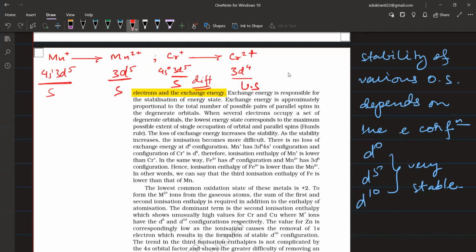Yes, sir. ठीक है, इट इज गोइंग टू बी डिफिकल्ट एंड दिस इज गोइंग टू बी इजी. तो हम लोग क्या बोल सकते हैं, डेल्टा एच आयोनाइजेशन ऑफ Mn पॉजिटिव इज क्या होगा, लोअर होगा, बिकॉज आसानी से निकल जाएगा, इज लोअर देन डेल्टा एच आयनाइजेशन ऑफ Cr पॉजिटिव। क्लियर है? हाँ या ना, जल्दी बताइए। Yes, sir.